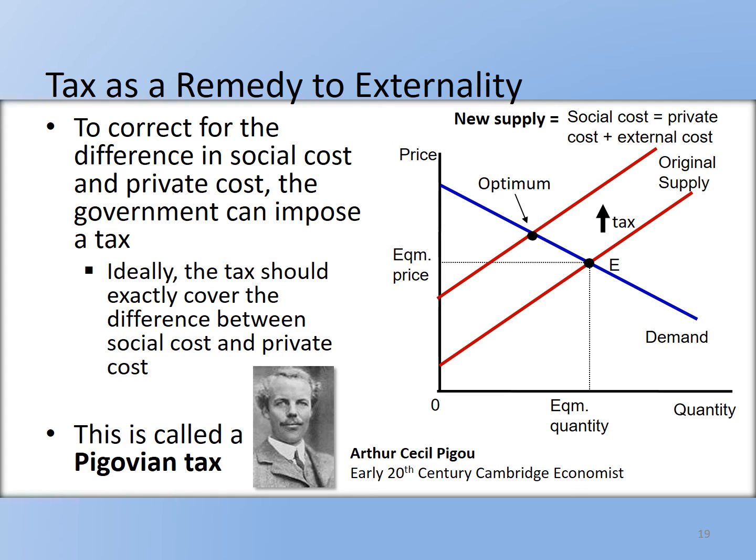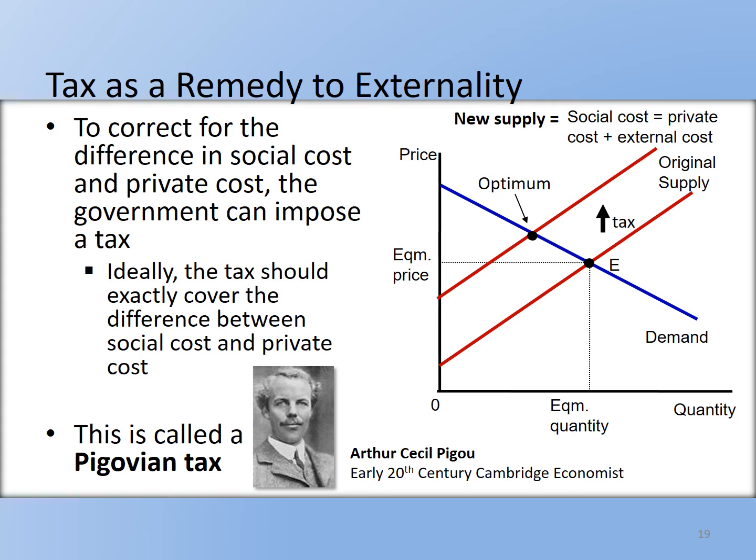It's very simple. If I hurt you $10 per unit, the government should tax me $10. That would force me to take how much I hurt you into consideration. It's that simple. It's simple, but if you think about it, it's not necessarily easy to implement in some cases, right?